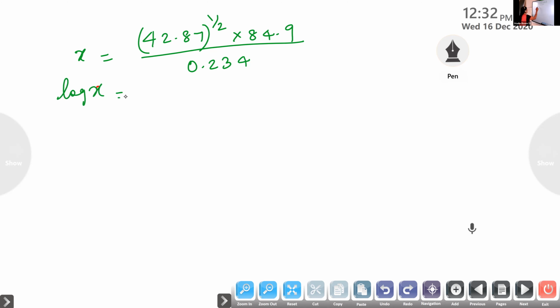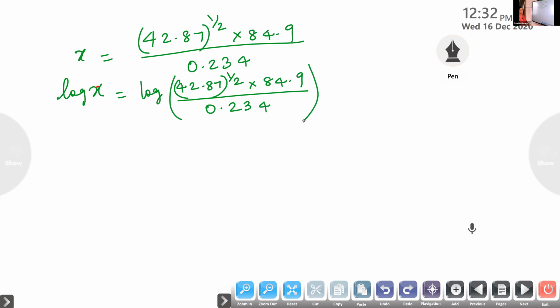So log x is equal to log of 42.87 whole raised to half into 84.9 by 0.234. Up to this, is it okay, Annette?